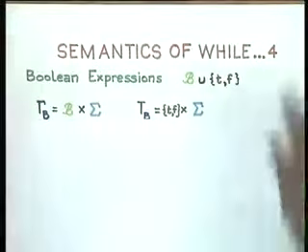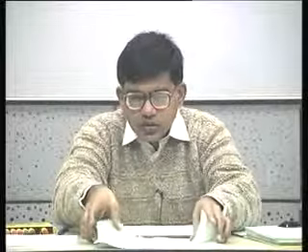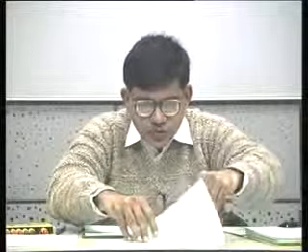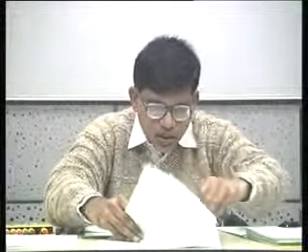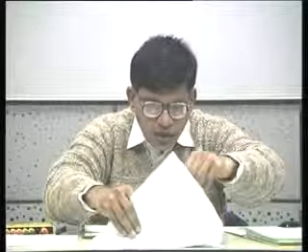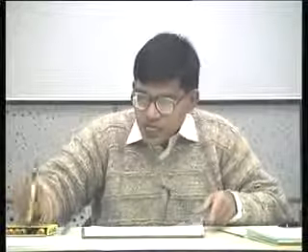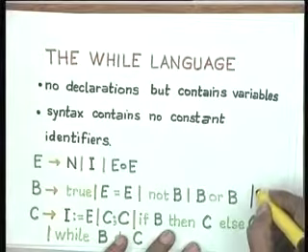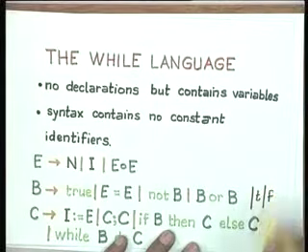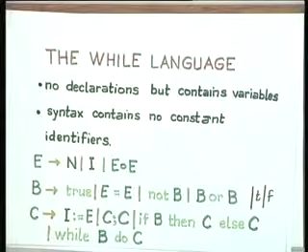So in addition, you can think of the Boolean expressions as having two extra productions of this form, and the language that we will be considering for semantic purposes includes these two.